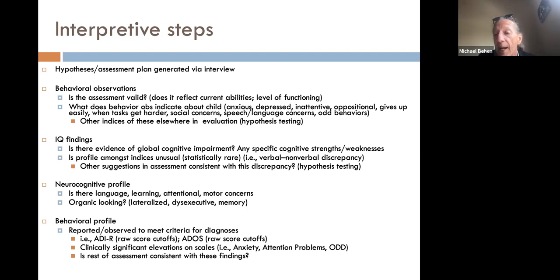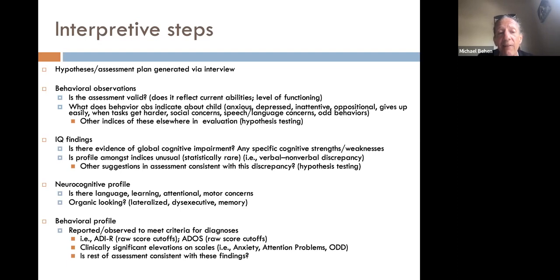Was the person engaging with the examiner effectively? Was the person able to sit in their seat and attend to the task? Or were there things that did interfere? And maybe the child was inattentive. Were we able to manage the situation to the point where we could still get accurate data by working with the child? It's really important to understand.